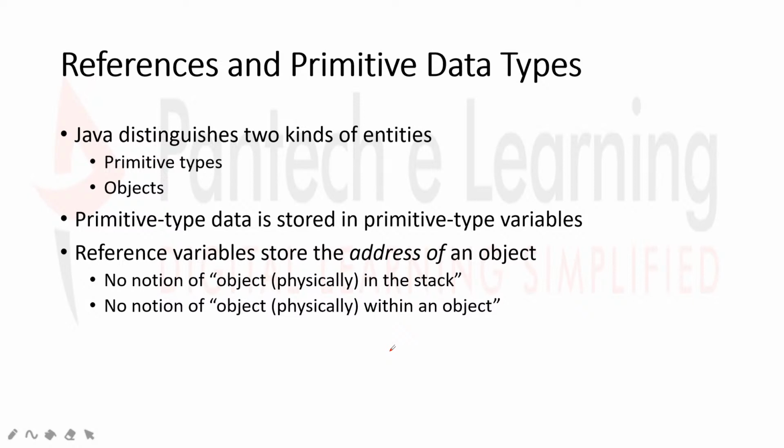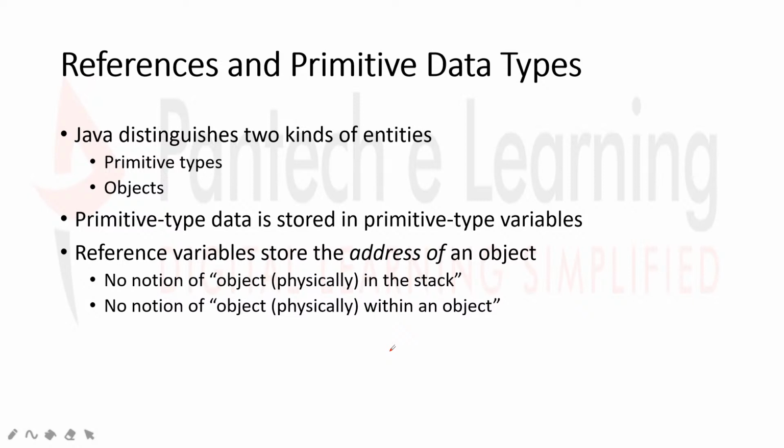Generally, there are two kinds of entities: primitive types and object types. Primitive types means they are available by default. For example, if you have one word or one letter, then for those letters we definitely have some primitive values, like ASCII values.